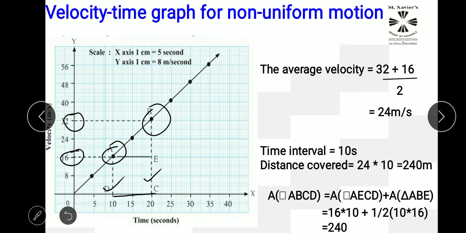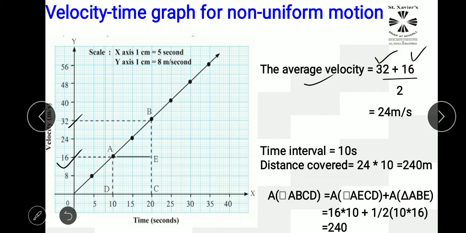For that, students, when you see this diagram, you will come to know that the initial velocity u is 16, and the final velocity is 32. We have two velocities, so we'll find the average velocity. For average velocity, we take initial velocity plus final velocity upon 2.